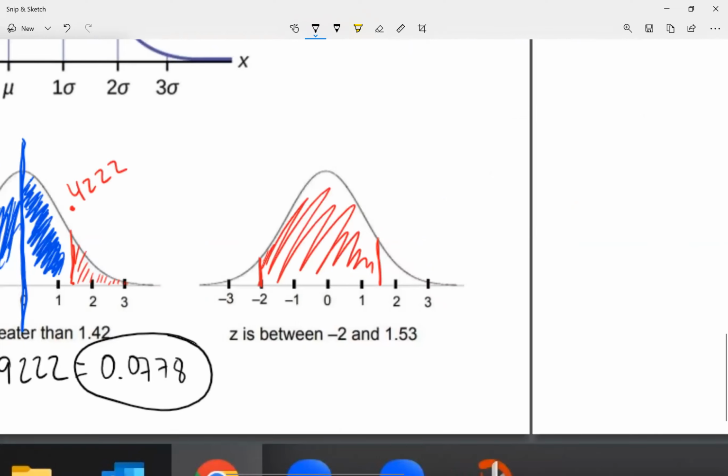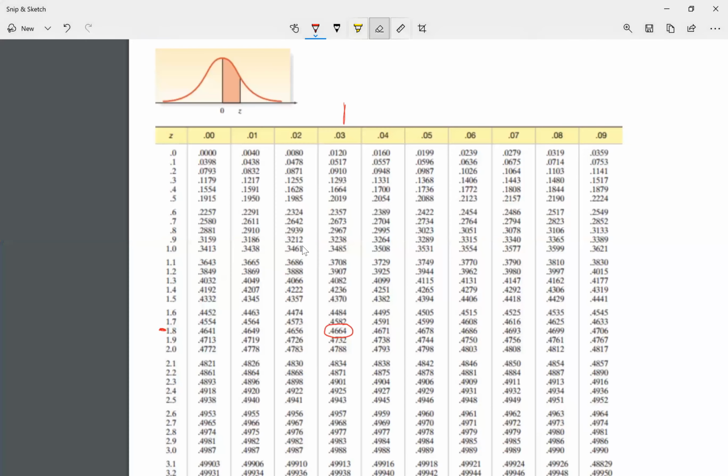How about this one, Mr. Leonzo? How about when there are two numbers in between? Okay. Let me do the 1.53 first. Let me bring out my table here. So the 1.5, 1.53 is this one.